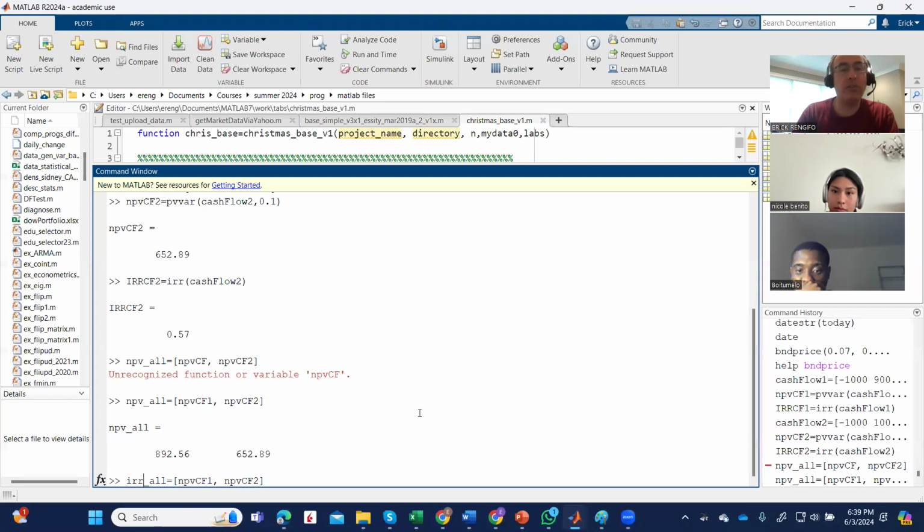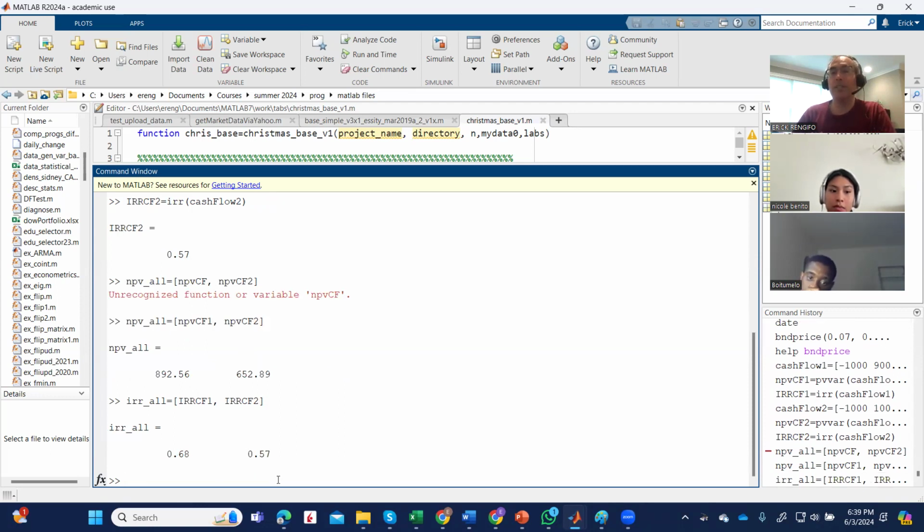It's going to be internal rate of return all, and this is going to be the first one and the second one. Got it? So we have created two vectors, 1 by 2, 1 by 2. Now, how can I put both vectors together? Well, we call this all. And all, guys, is simply, this is a 2 by 2.